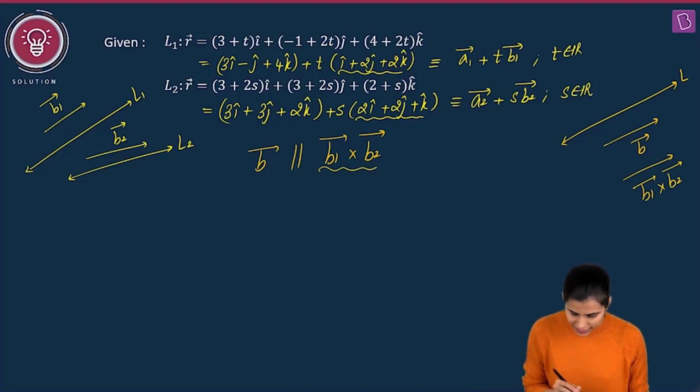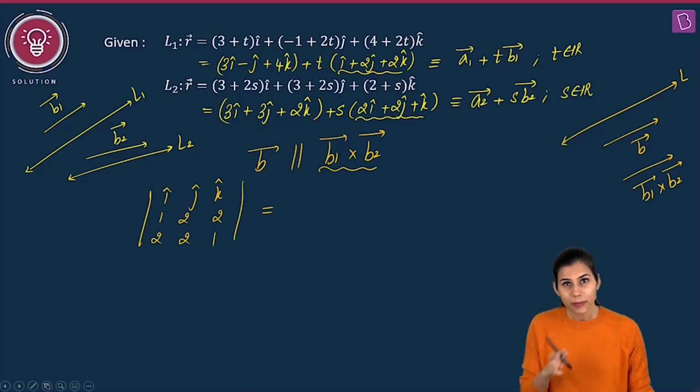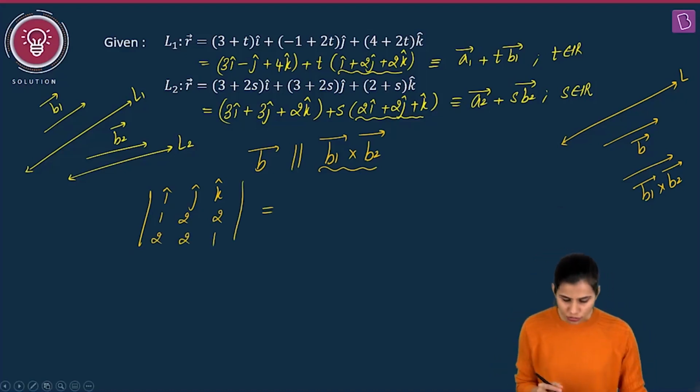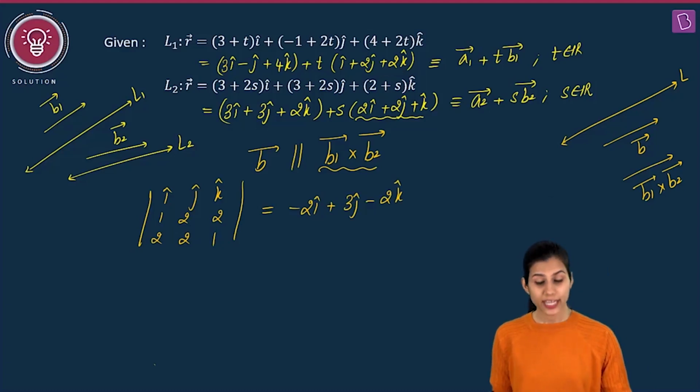You know it already. Determinant of i cap, j cap, k cap; b1 has components 1, 2, 2; b2 has components 2, 2, 1. When you resolve this by expanding this determinant along the first row, you will get minus 2i cap plus 3j cap minus 2k cap. This is the vector parallel to my line L.